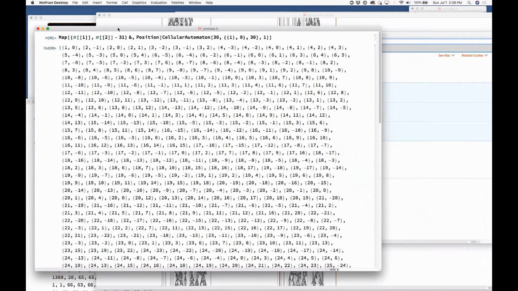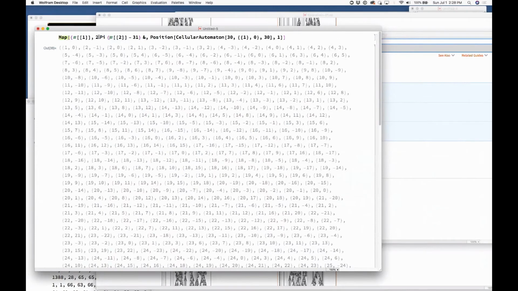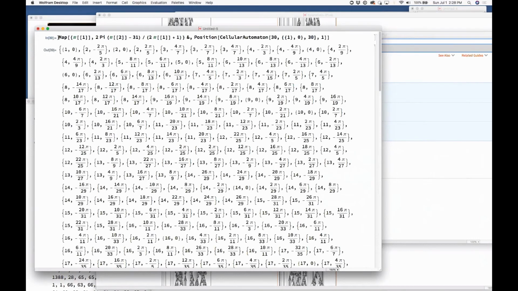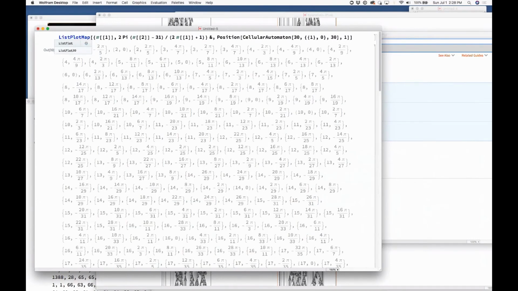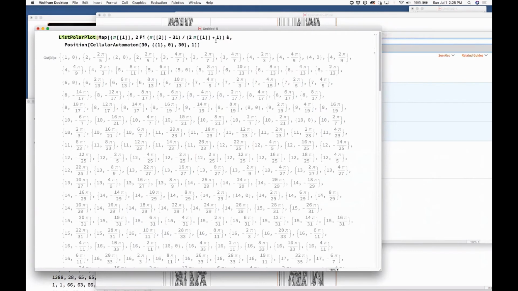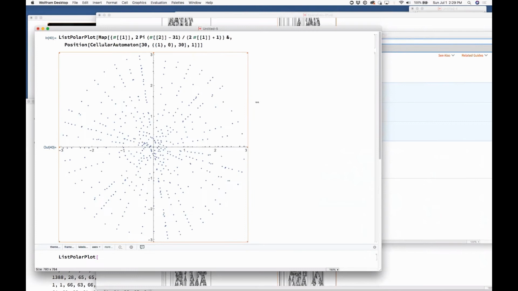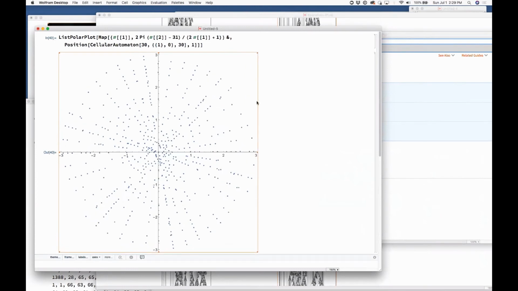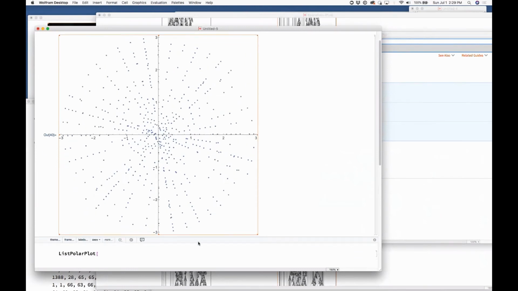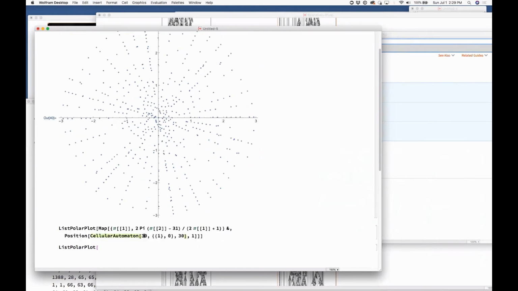And now I want to take that second thing and divide it: 2 pi times that, divided by 2 times hash sub 1 plus 1, I claim. Let's see what that does. Now let's say ListPolarPlot of this. And ta-da, okay. If we got it right, that claims to be the rule 30 pattern set up radially.